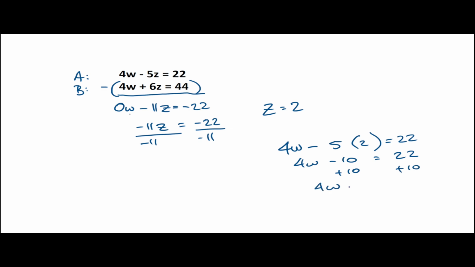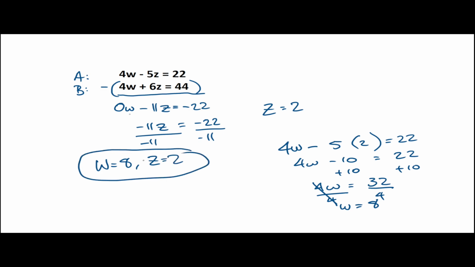So 4W equals 32. Divide both sides by 4. W equals 8. And we're done. Our answer is W equals 8, Z equals 2, and it's in alphabetical order, and we're done. That's how it's done.